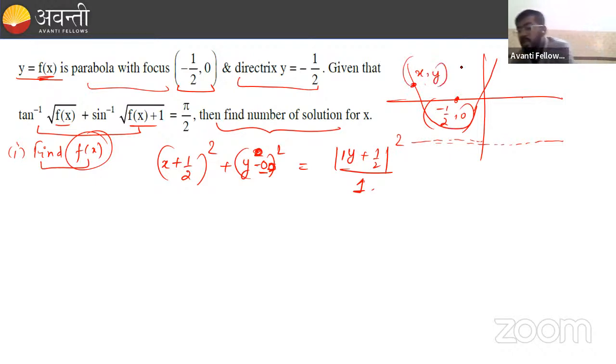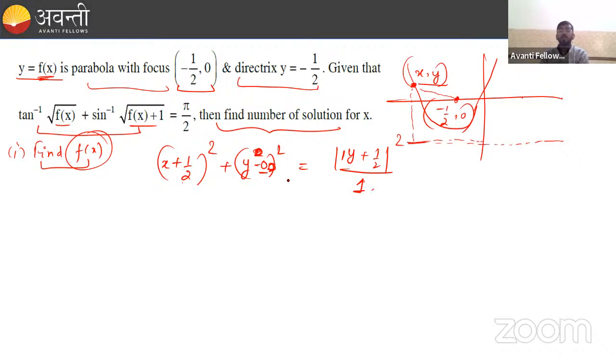By the definition of a parabola, the distance of this point from the focus is equal to the distance of this point from the directrix line, correct?